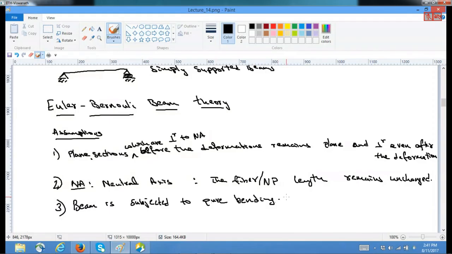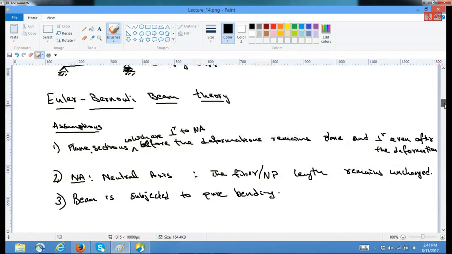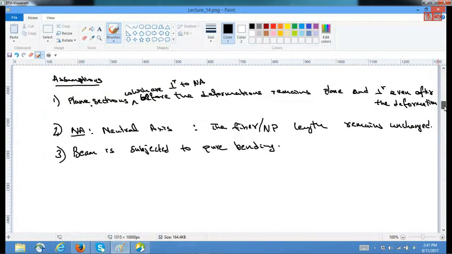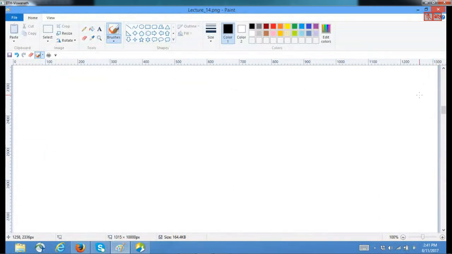Anyway, the third one is not really an assumption, it's a consequence of the first one. But anyway, let's see what these assumptions make. So this third one is not yet complete.